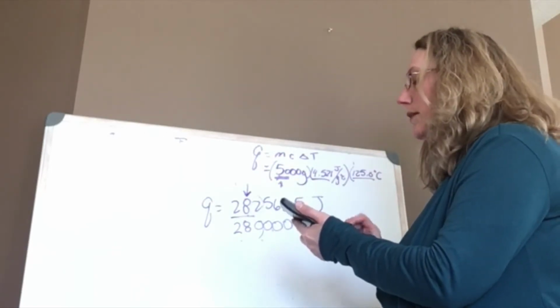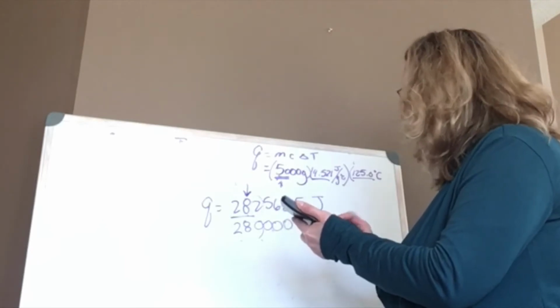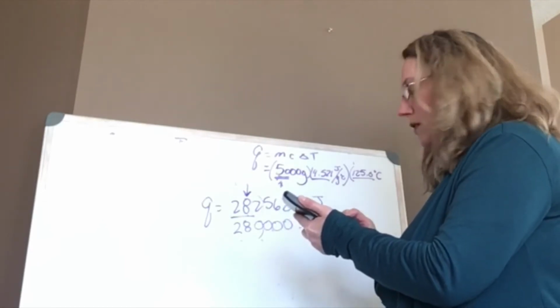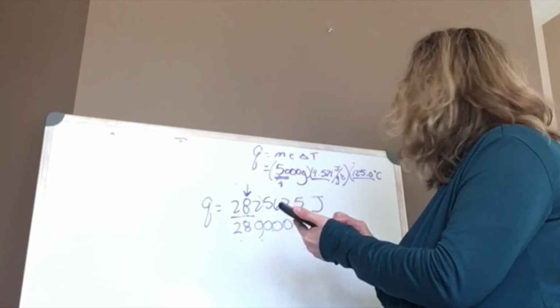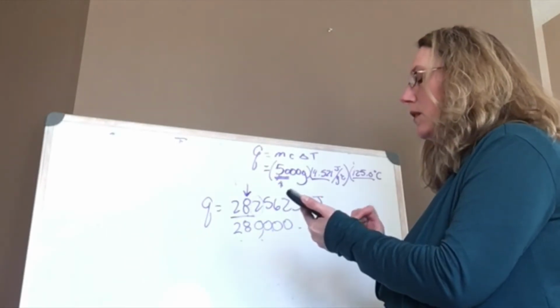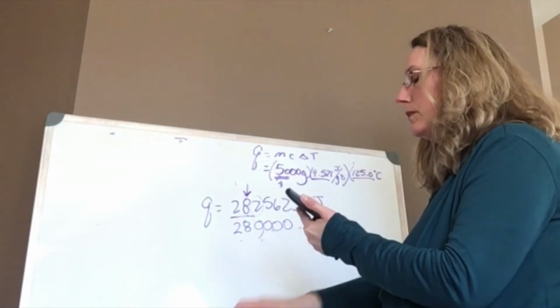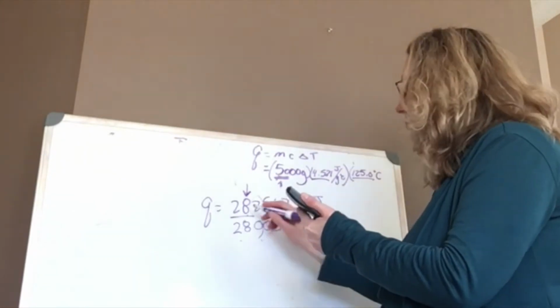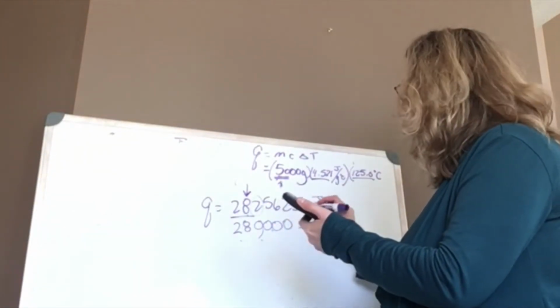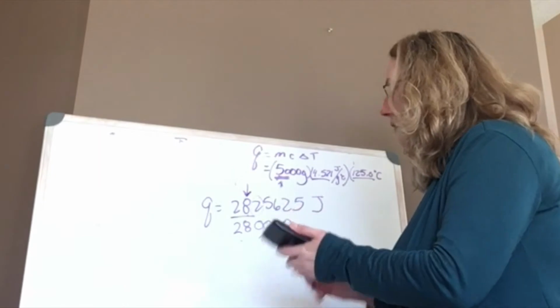I'll do it one more time, otherwise I'm going to change my calculator. 4.521 times 125. I'm getting 2825625. Anybody else have a calculator?